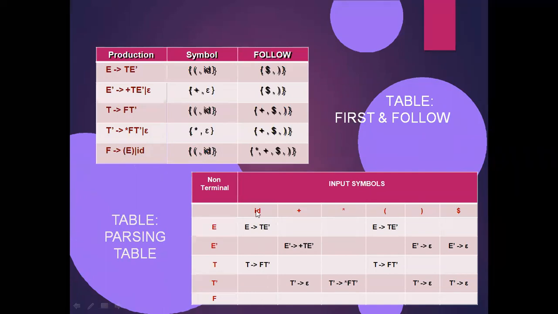And for open parenthesis, F tends to open parenthesis E closed parenthesis. Here itself it has a suitable rule, so directly we place that rule at the place of that terminal. Like this, right? This is the way of constructing the parsing table. All of you note down this parsing table representation.